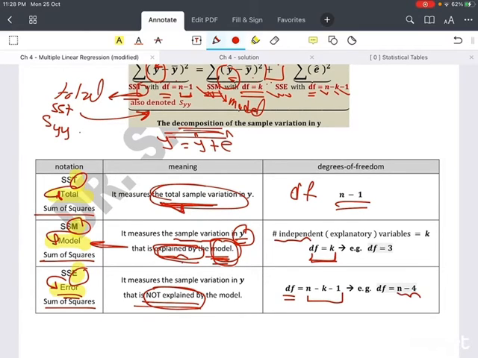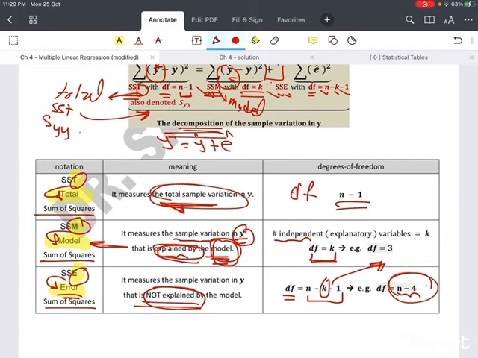So if k is 3, it will be n minus 3 minus 1, which is just n minus 4.